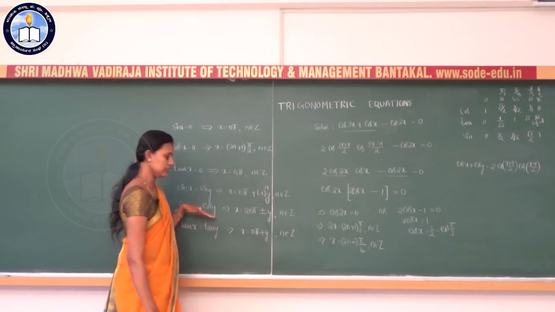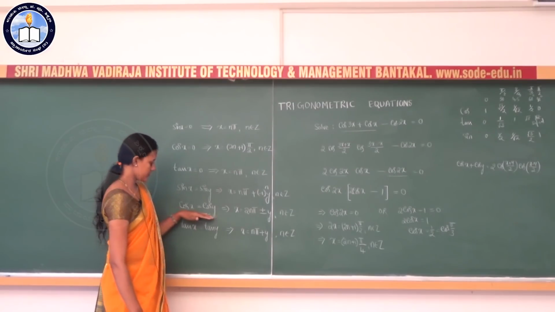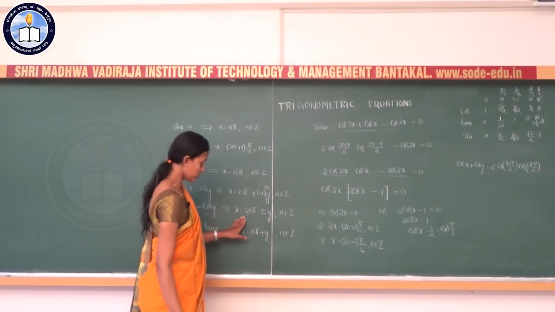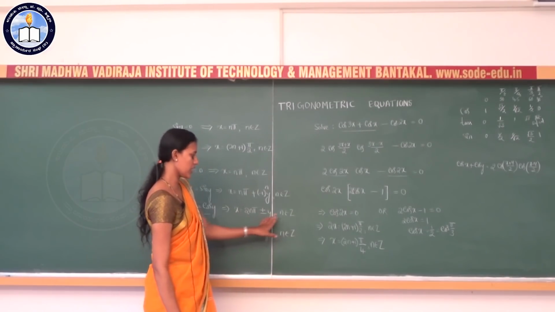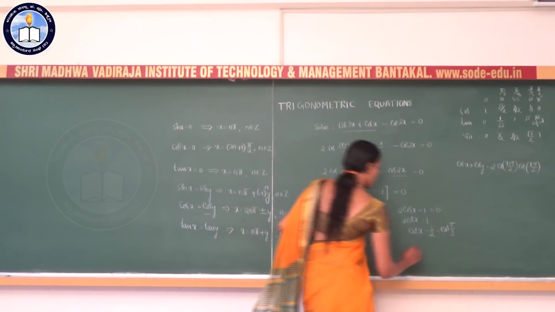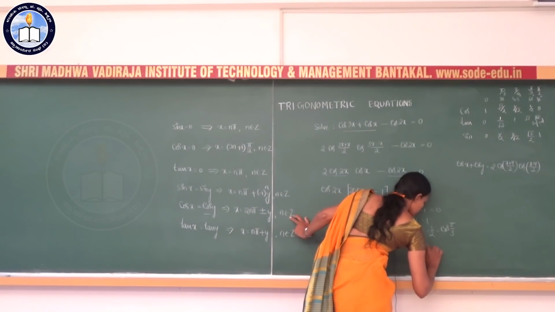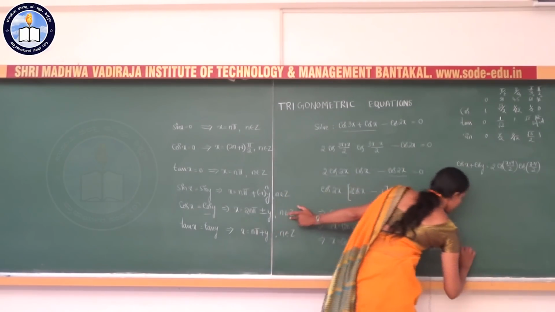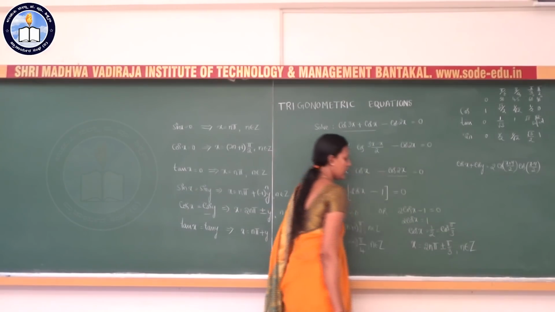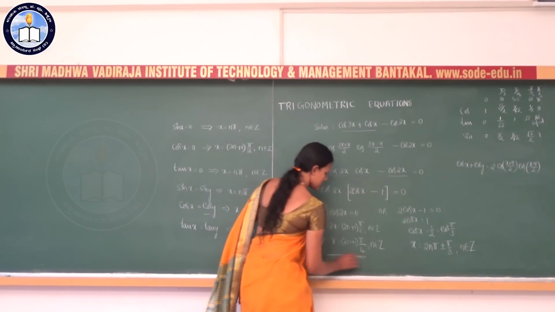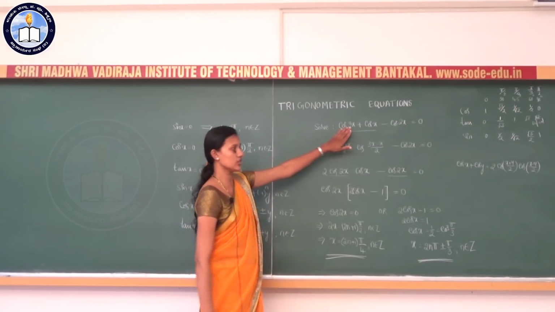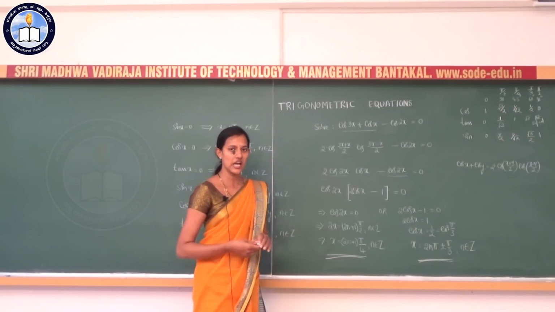We can compare it with cos x is equal to cos y, which implies x is equal to 2n pi plus or minus y for integer n. So this is x is equal to 2n pi plus or minus pi by 3, where n is an integer. So these two expressions represent the general solution of the given trigonometric equation.